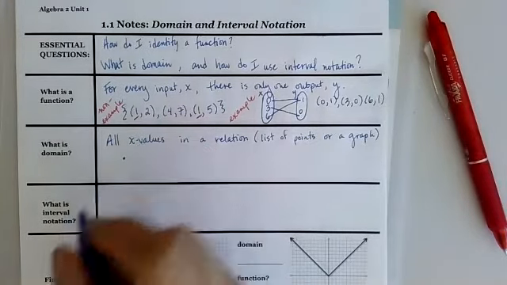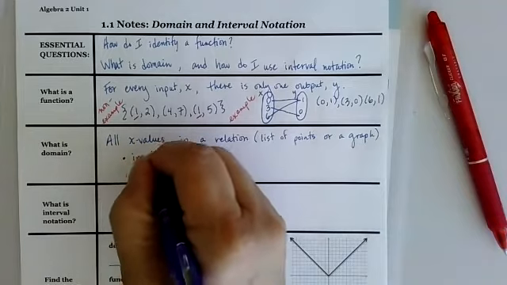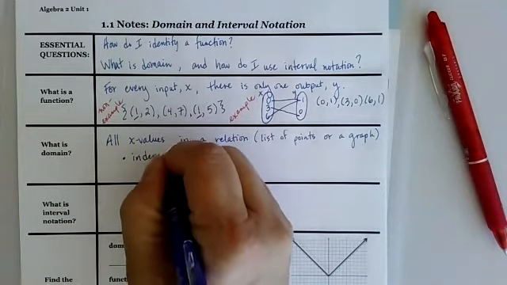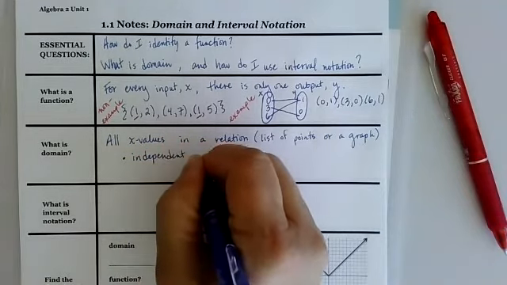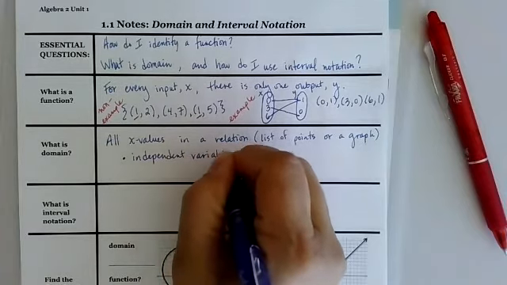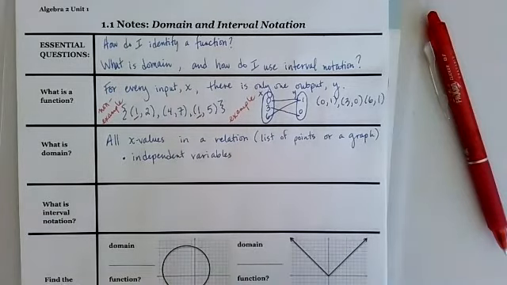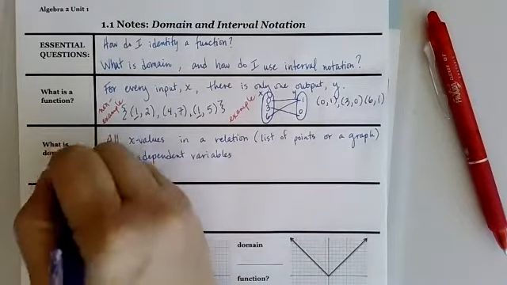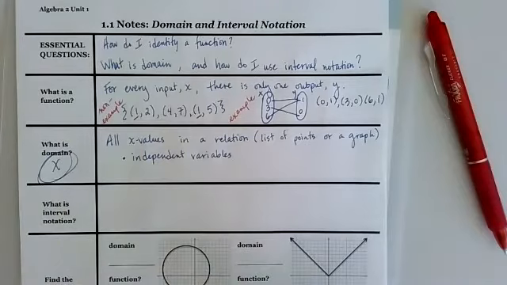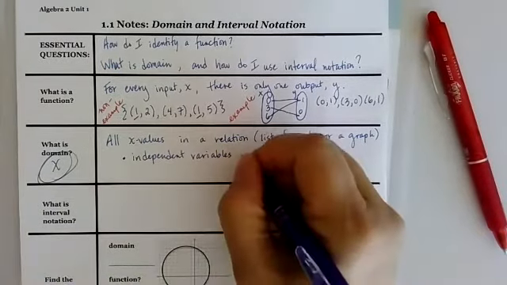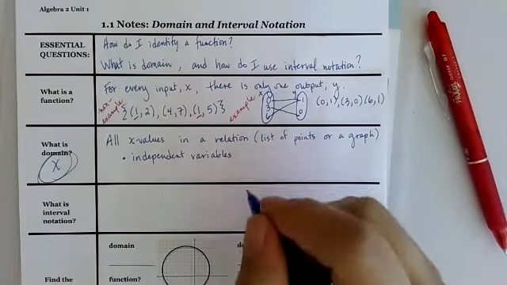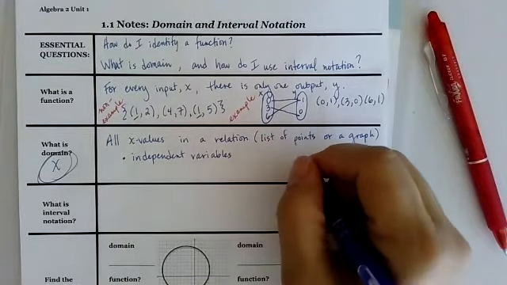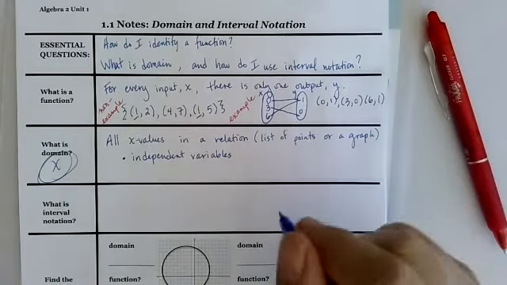This would be considered the independent variables. And the way you can remember that x is independent and y is dependent is that when you have an equation, you usually put y equals something with x plus whatever.